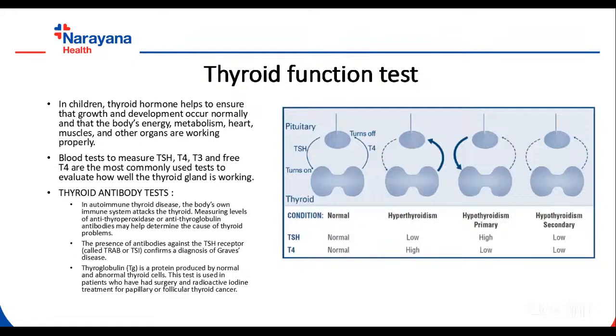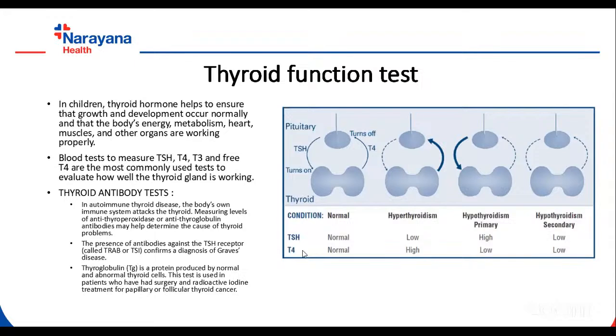As ma'am had already elaborated on thyroid function test, these are very essential for the growth and development in children. It helps in growth along with metabolism and working of other functions. In your thyroid function test, you have the normal thyroid function test and the free thyroid function test, where the normal one has total T4, total T3 and TSH, and the free one will have free T3, free T4 and TSH.